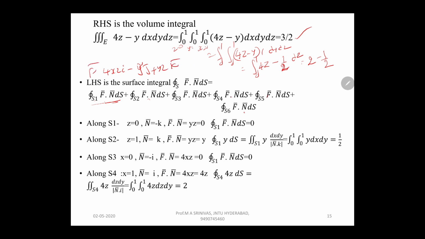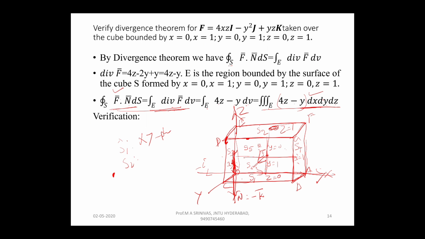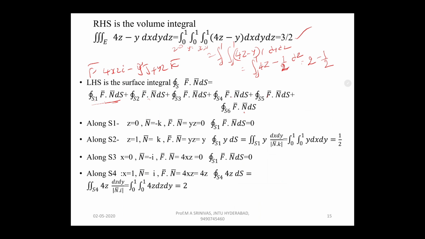This is my F bar. Now F bar dot n bar: with this, if I make the dot product, n bar is minus k bar, so I'll get minus yz. F bar dot n bar is minus yz. Anyway, z is 0. Therefore, F bar dot n bar is 0.